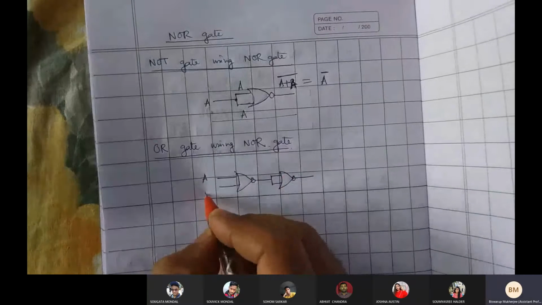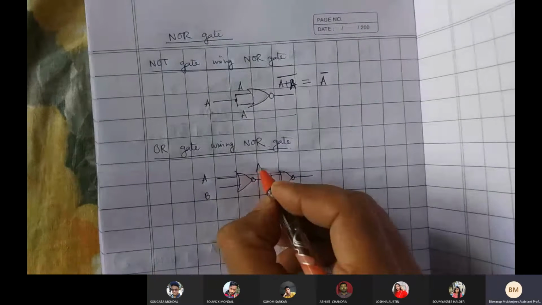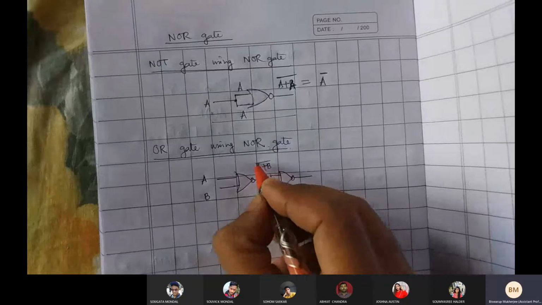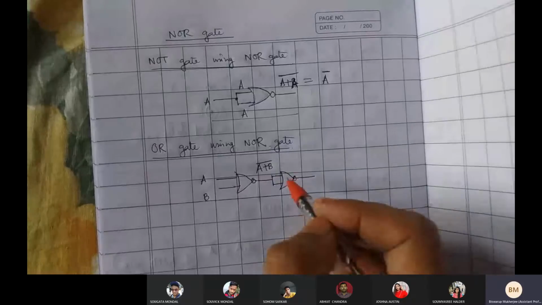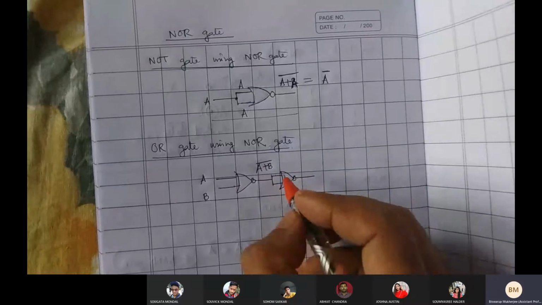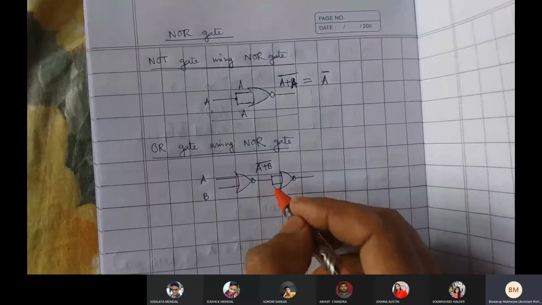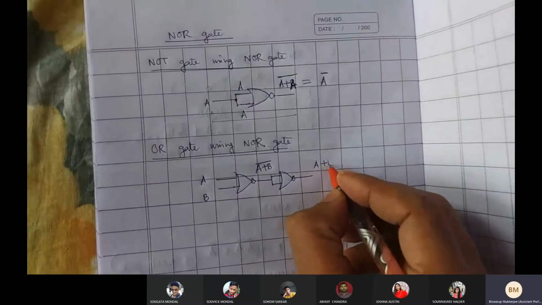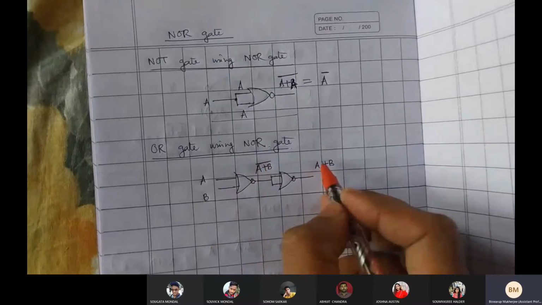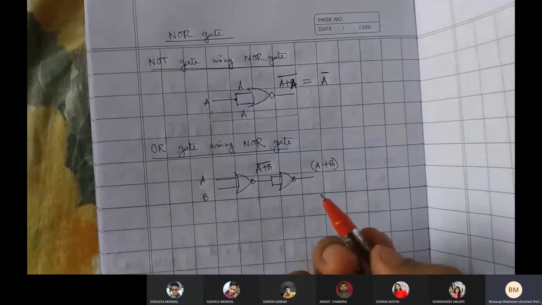So here it will be AB. Here the value will come A plus B whole complement. And in both cases A plus B whole complement is coming. That means it's working like an inverter or NOT gate. If it is an inverter, what you will be getting is A plus B. So the complement comes here, and directly the value comes out as A plus B.